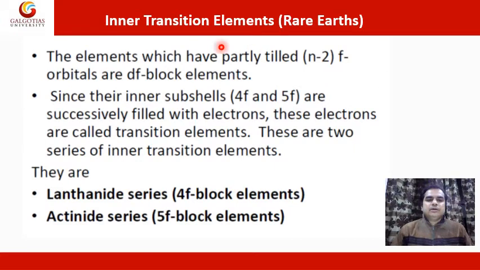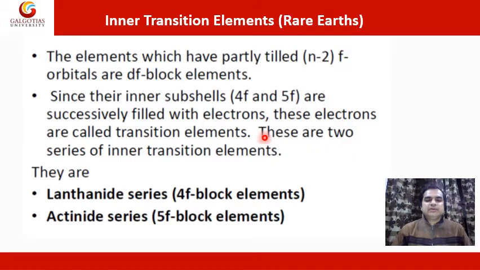Now come to the slides in which we will discuss what inner transition elements are, also known as rare earths. The elements which have partially filled n-2 f orbitals are referred to as d block and f block elements, since their inner subshells, that is 4f and 5f, are successively filled with electrons.